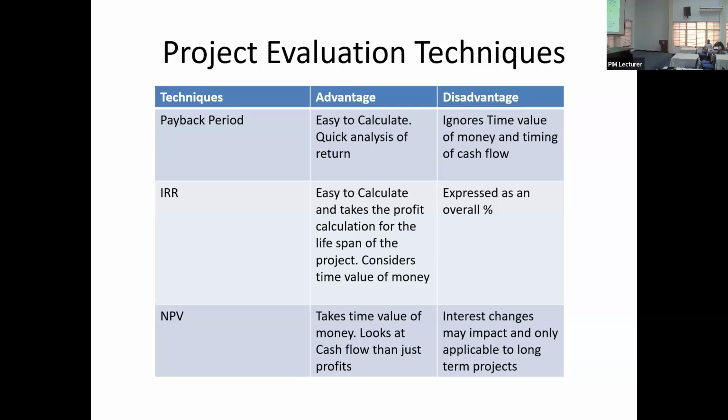Now, what is the disadvantage of NPV? Let's say you're doing a 10-year project. So Ravi would have done discounted rates, inflow, outflow, all those wonderful mathematical stuff, right?